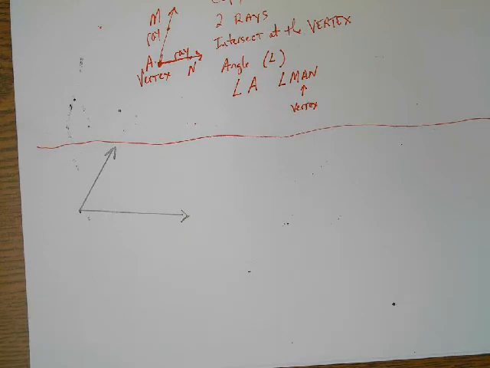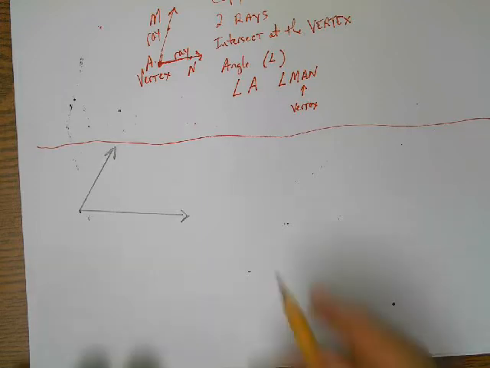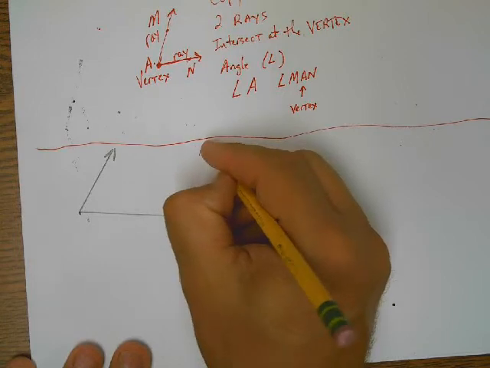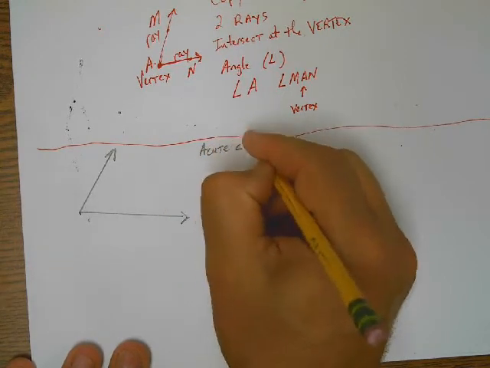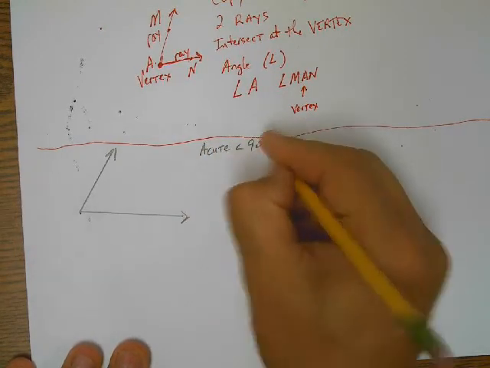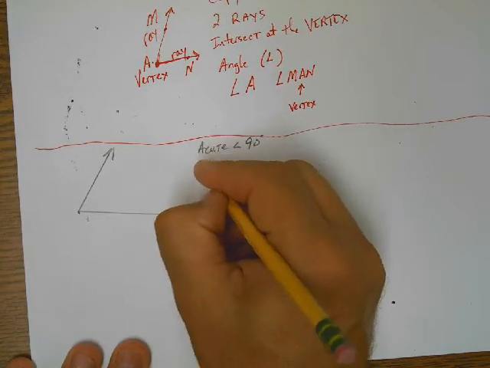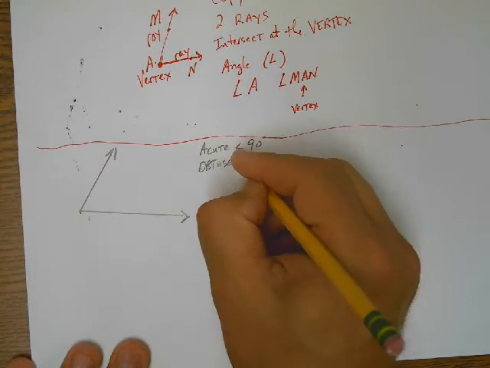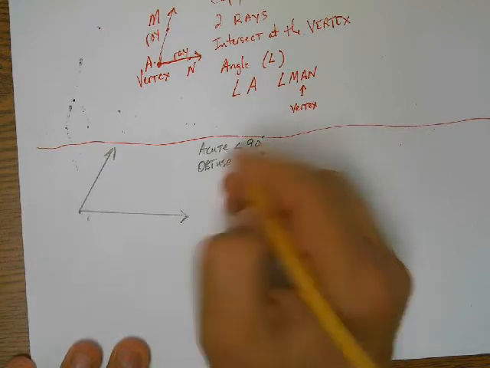Somebody out there tell me, what's the difference between acute and obtuse? Allie? Acute is under 90 degrees and obtuse is... Excellent. Acute, less than 90 degrees. Obtuse, greater than 90 degrees.